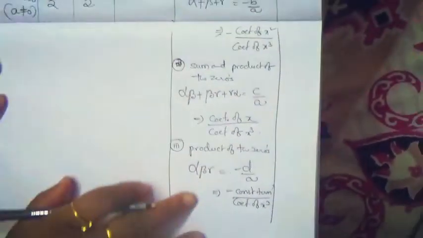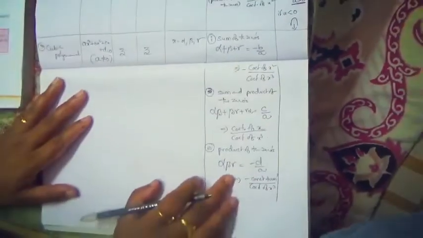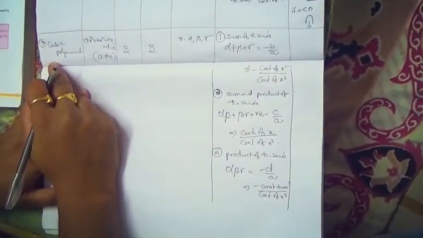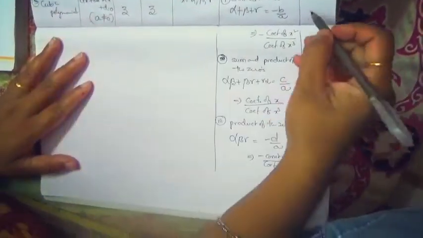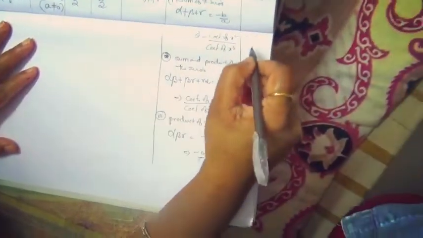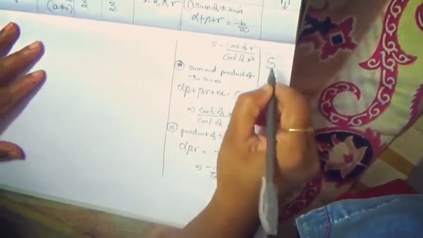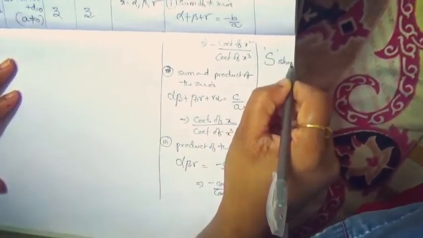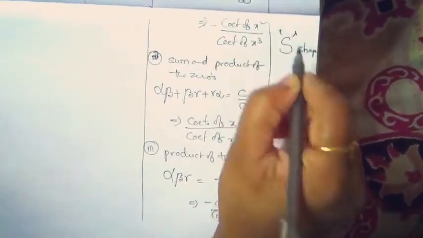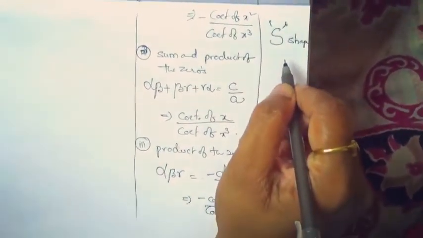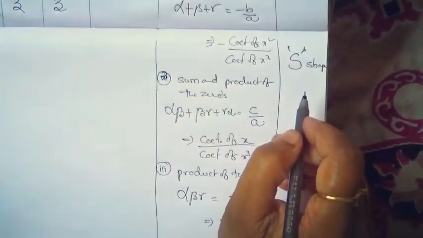These three are the relationships of the zeros for the cubic polynomial. For the cubic polynomial, what is the graphical representation? S shape. There is no need to draw this graphical representation in your 10th class.